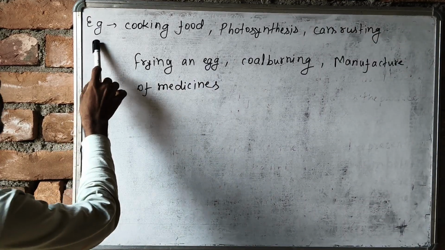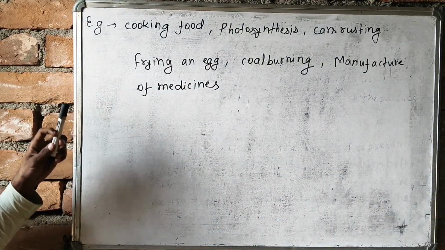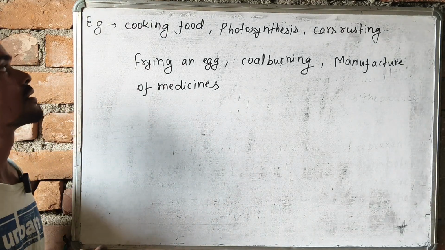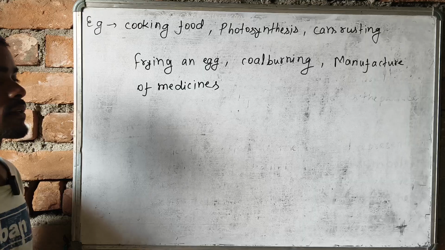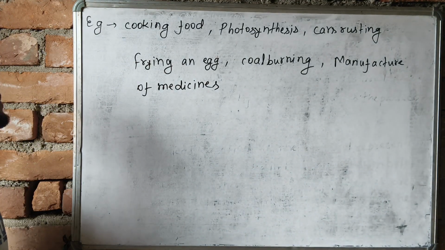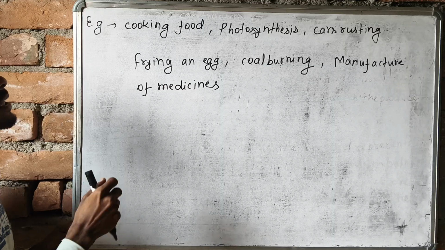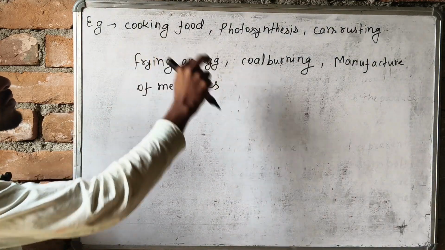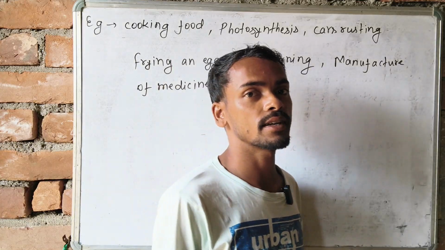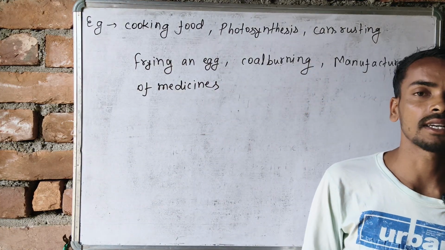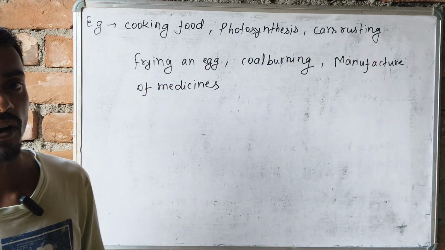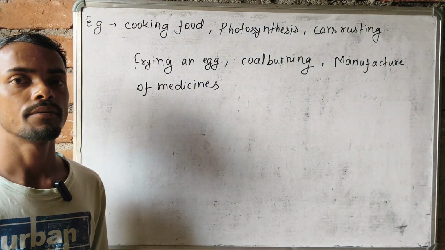Now I have come to the third slide. That is the third slide example. We will discuss examples of chemical reactions. When I talk about chemical reactions, we see them in our home when our mother cooks food in our house.